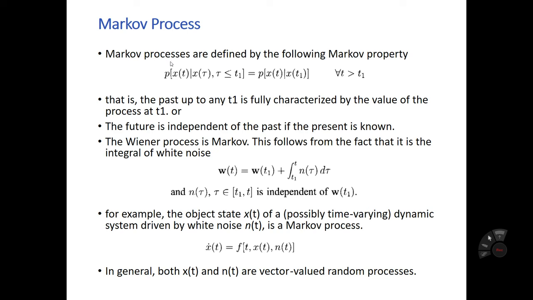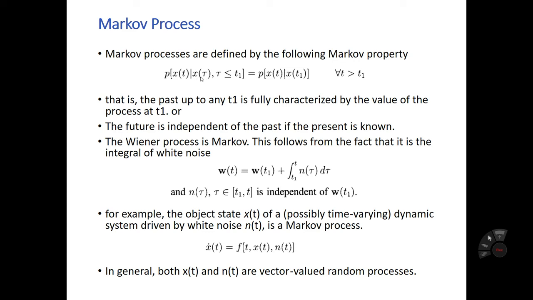And Markov process. Markov processes are defined by the following Markov property, like this one. It is used for the distribution of x where you already know the past values.